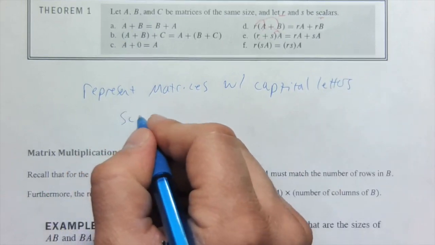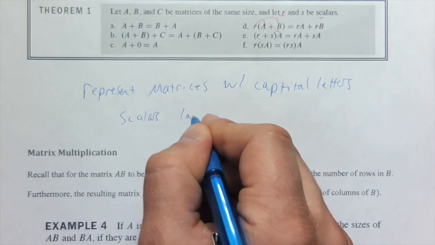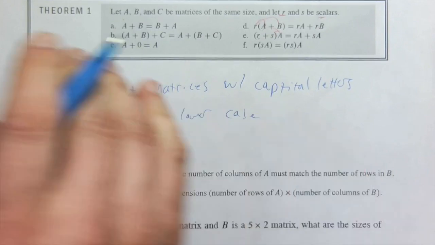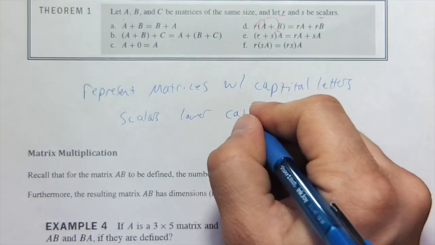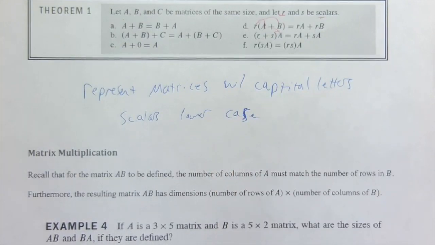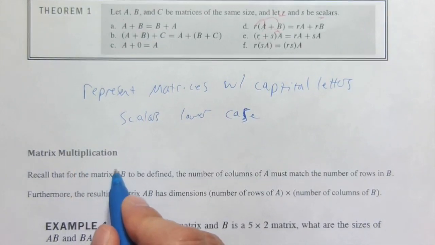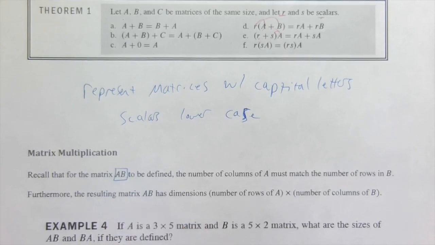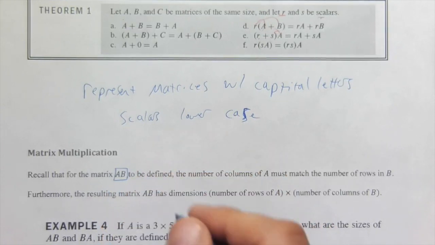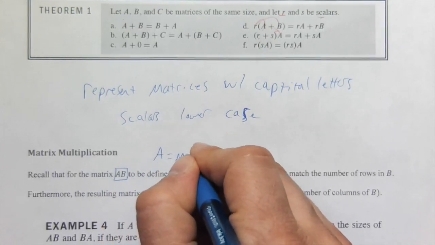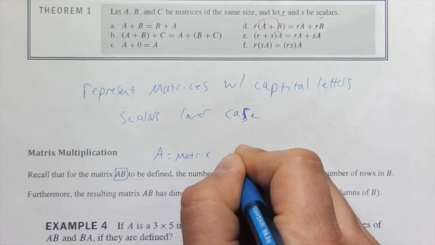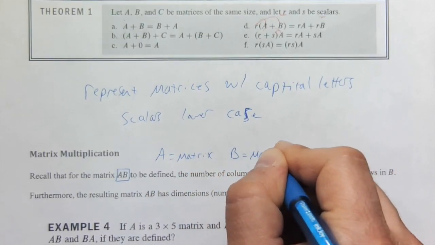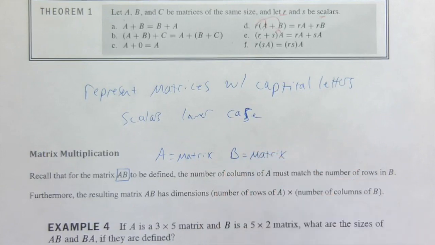And scalars are usually lowercase. So for example, when we're going to talk about matrix multiplication, it's talking about the matrix A, B. And so A and B are each separate matrices. We know they're matrices because they're capital letters, right? So in this particular description down here, A is a matrix, some random matrix, B is some other matrix. Again, we know they're matrices because they're capital letters.